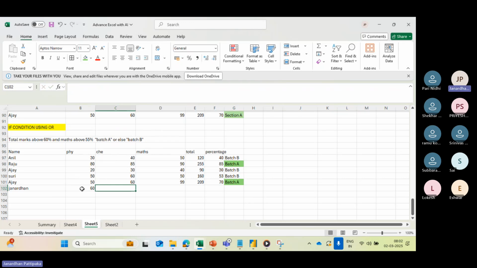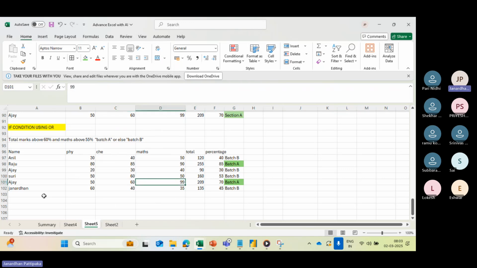Maths, I am getting, suppose chemistry 40. Maths I am getting, suppose 35 only. Total the batch. Okay. So when you look at this data in the batch A, the total mark is 60%, maths is 95%.